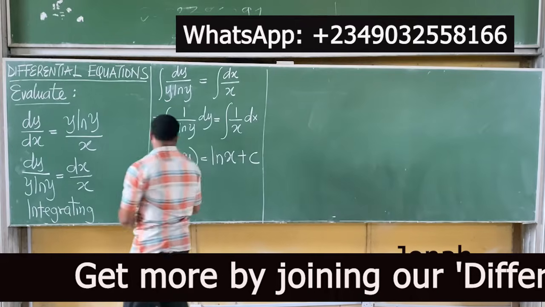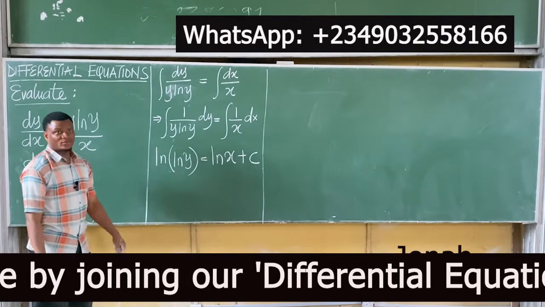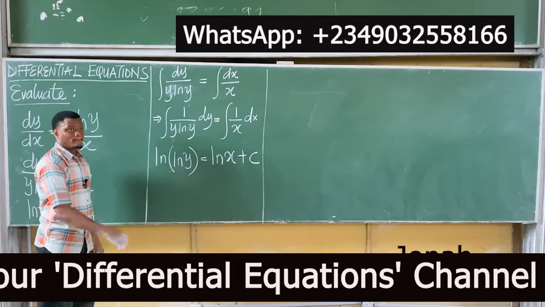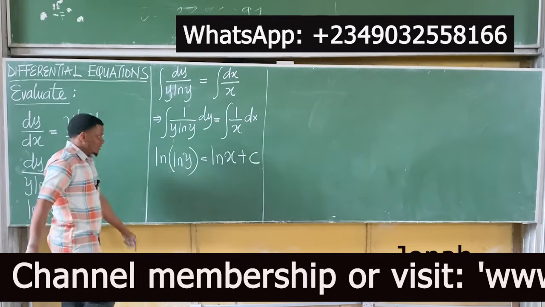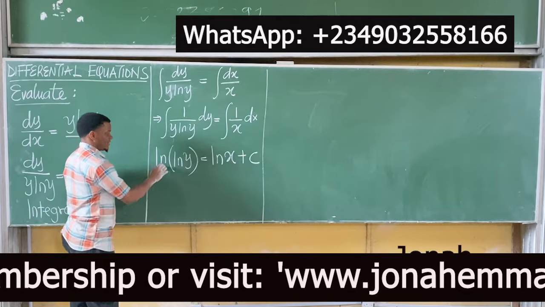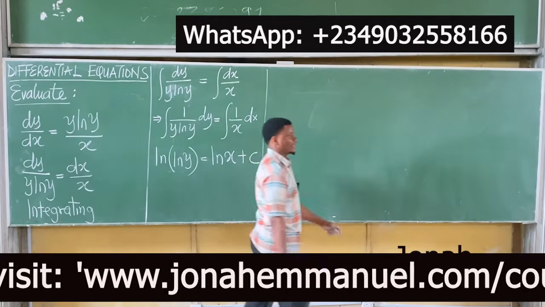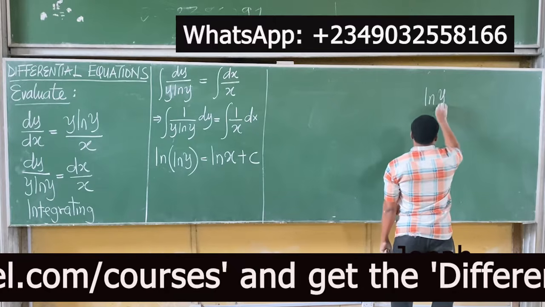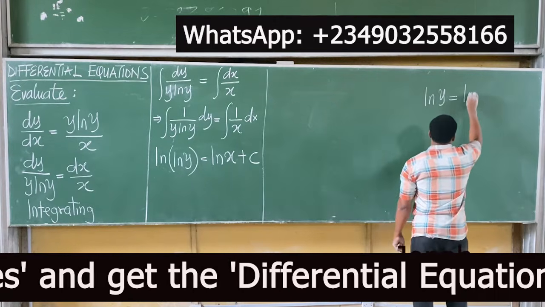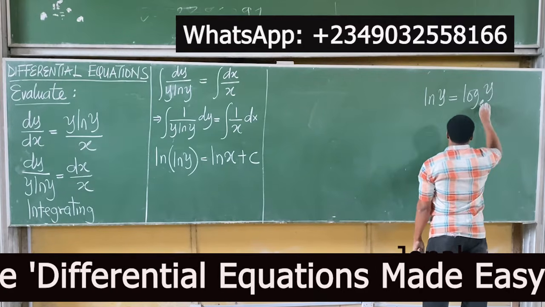ln of ln y. All right. How do I get y from here? Okay. First things first, I know that I've said this already before. ln y simply means log y to base e.